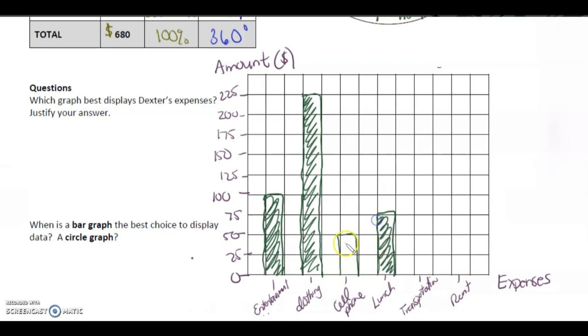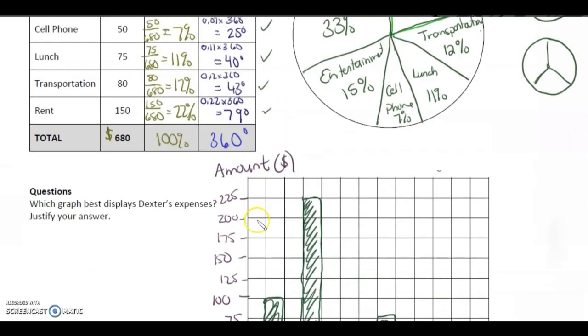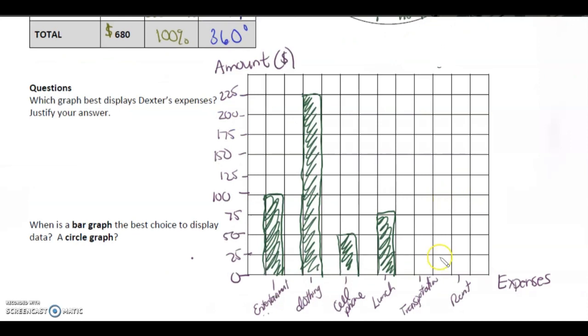In the expenses, and we have 80 and 150. So 80 is kind of a little wonky of a number. It's not exactly, but that's okay. We go up to 75, and it's somewhere between 75 and 100. It's just over $75. Okay, and rent's 150.